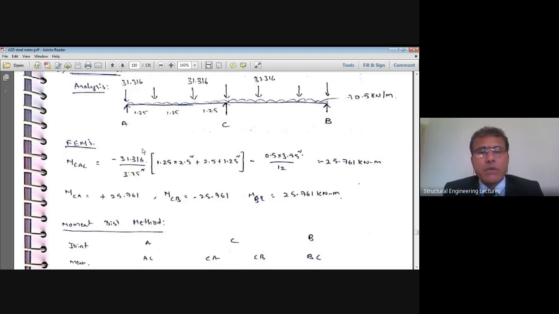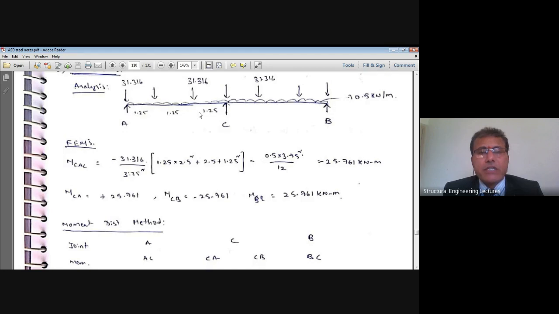Substituting the numeric values, W1 is equal to 31.316 and W2 is also 31.316, hence minus 31.316 because of W1 multiplied by a b squared divided by L squared.